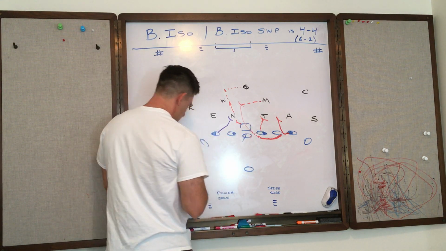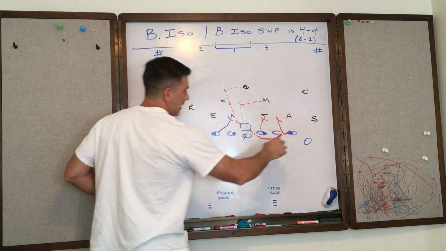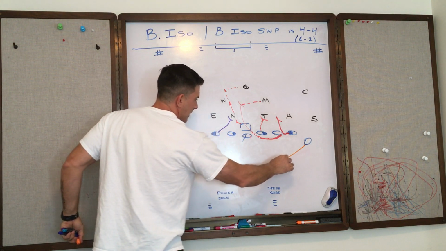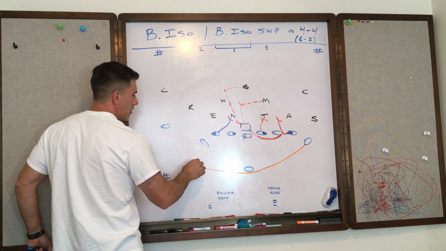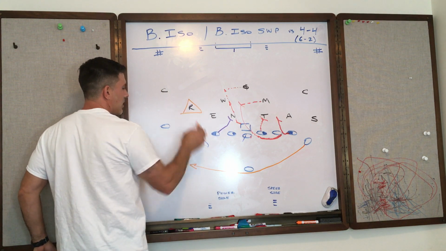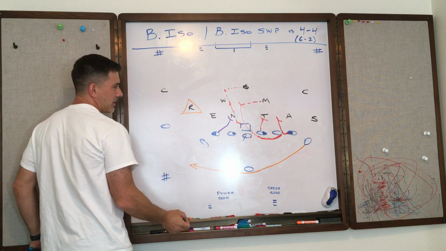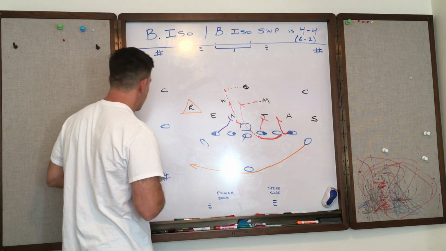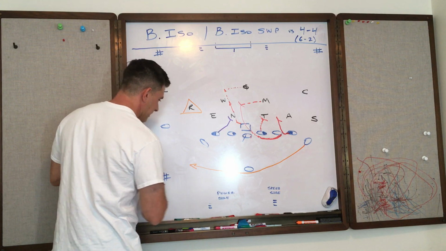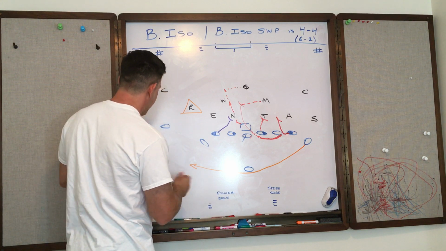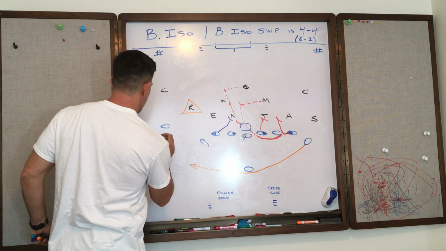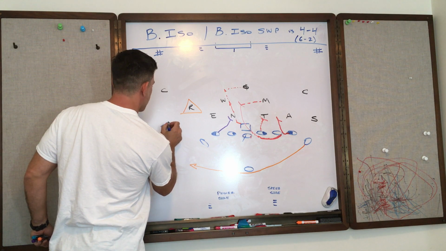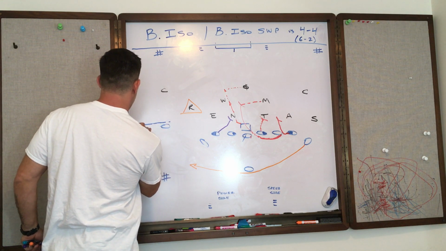Now the back side back is sprinting through the heels of the running back on the sweep path. And just to get ahead of ourselves here, where he's headed to the line of scrimmage, let's call it right there.